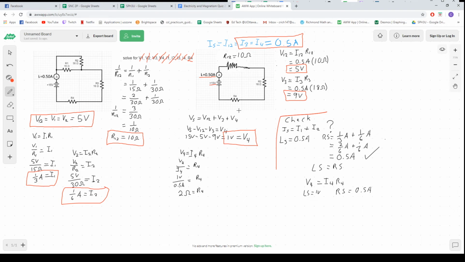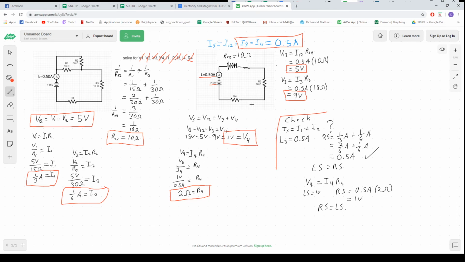And R4 is, we found that somewhere. R4, it's down here, I didn't put it in a box. 2 ohms. So 0.5 times 2 ohms. A half times 2 is just equal to 1. And that is volts. So that means that our right side is equal to our left side. So that's another good check that we could make.